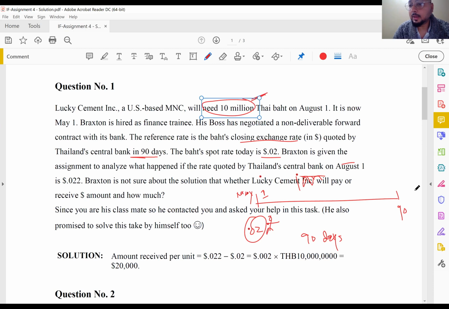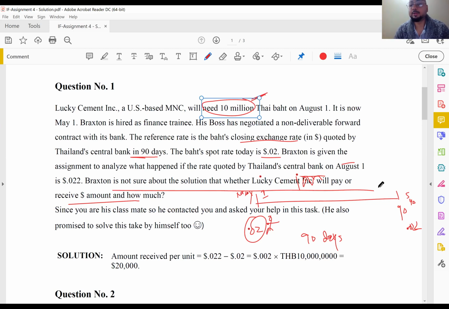It means this is the spot rate at 90 days, 0.022. Braxton is not sure whether Lucky Cement Incorporation will pay or receive, and how much. That's why we enter into a non-deliverable forward contract, because we don't know whether we receive or pay. Since you're his classmate, he has contacted you and asked for your help in this regard.